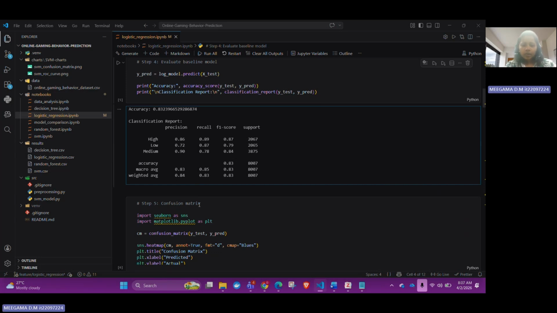In the next one, the medium, the precision is 0.90, which means it predicts positive cases more accurately than for high and low levels. So overall, we can identify that all the models perform well with strong accuracy and balanced classification.